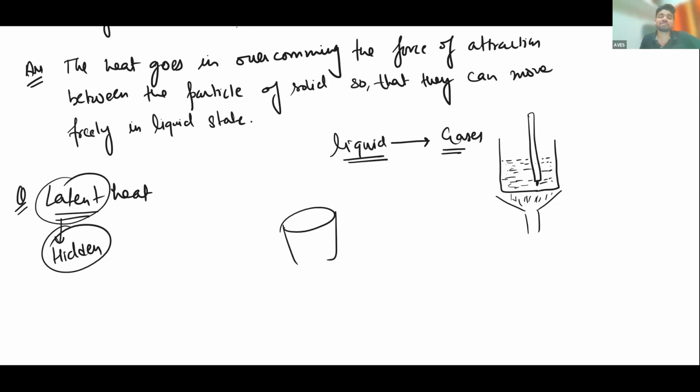So if water is present in it, the water will start boiling at 100 degrees Celsius, and until all the water from the polythene gets evaporated, the polythene will not burn. Let me show you that, the boiling of water in polythene.